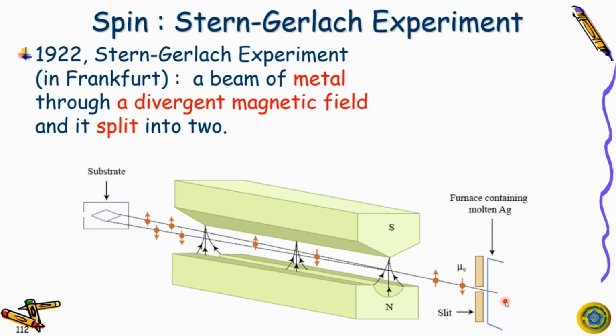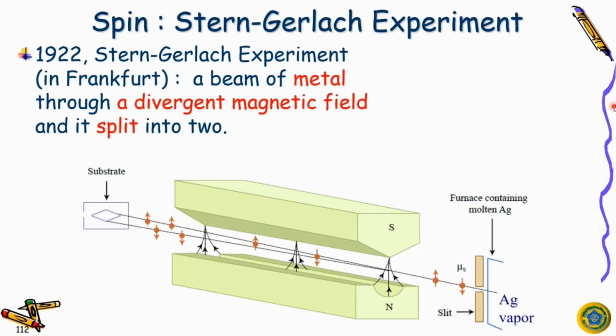If you have solid silver and you heat it up to a certain temperature, the silver will vaporize and become silver atoms in the space. Then you introduce the silver into this chamber, and they pass through a divergent magnetic field.